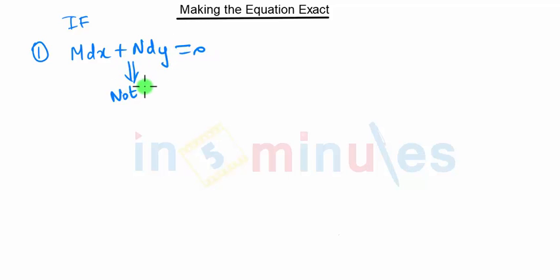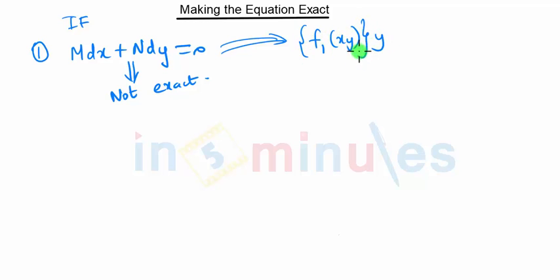The first type to find the integrating factor is when our equation is M dx plus N dy equal to 0, and this equation is not exact, and we can represent this equation in the form f(x, y) taking y constant, into dx, plus g(x, y) taking x constant, into dy equal to 0.